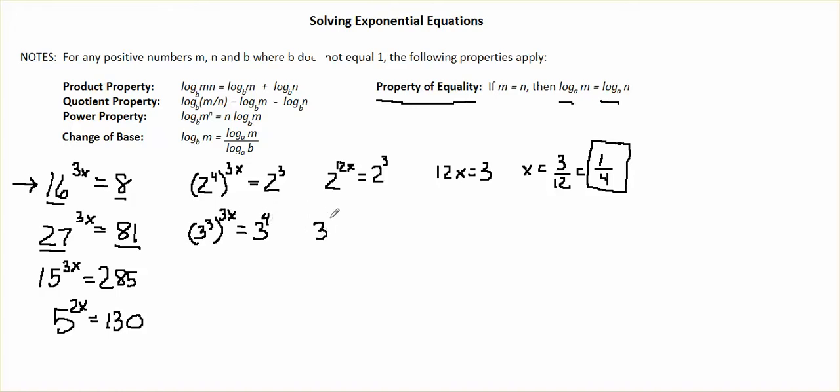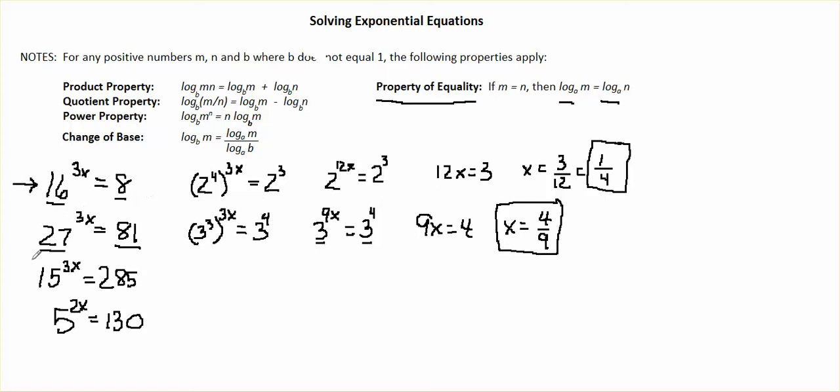So we get 3 to the 9x, because 3 times 3x is 9x. And that equals 3 to the 4th. And they both share the same base. So for them to be equal, their exponents better be equal. So let's set 9x equal to 4 and solve for x. We get x equals 4/9. That cannot be reduced, so that is our final answer.